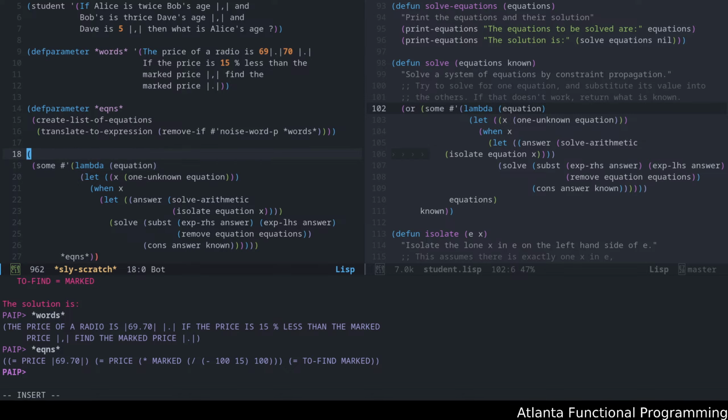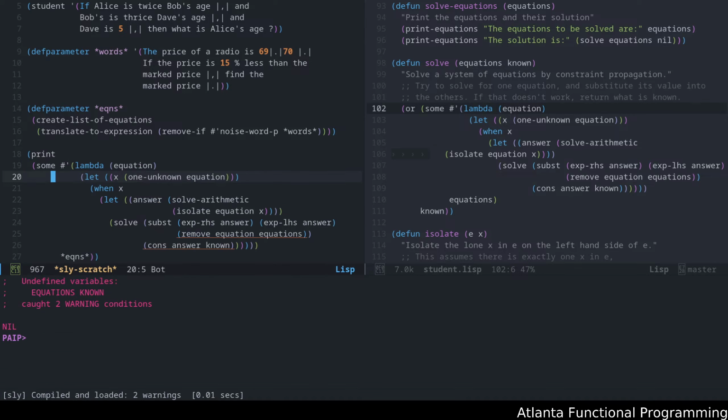Let's print this and let's run it. Let's see what happens. Nil, undefined. Oh, equations. Right. Is EQNS. There we go.